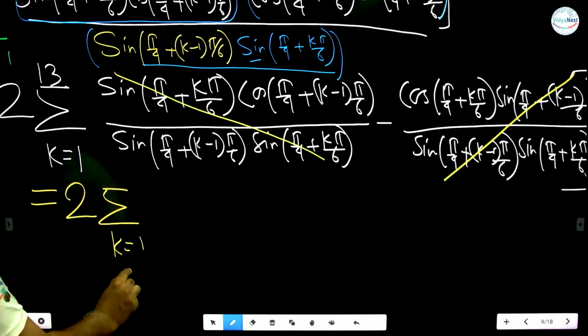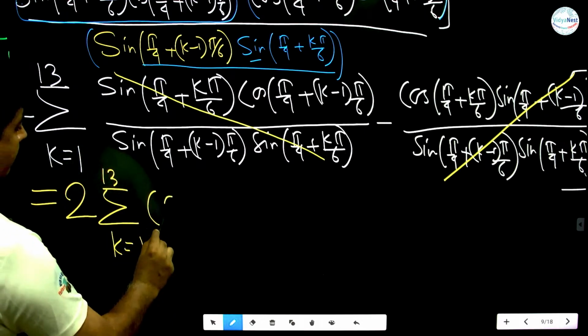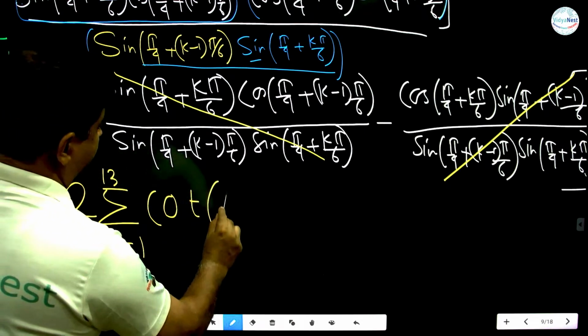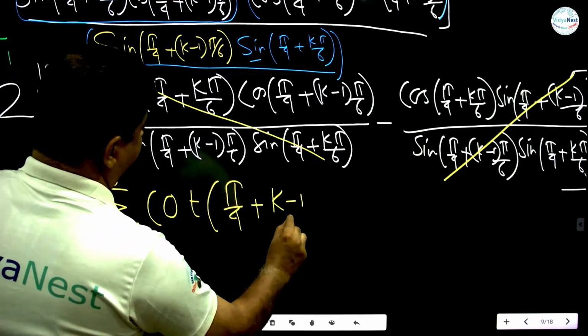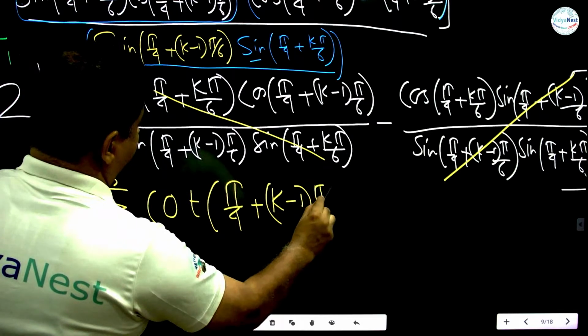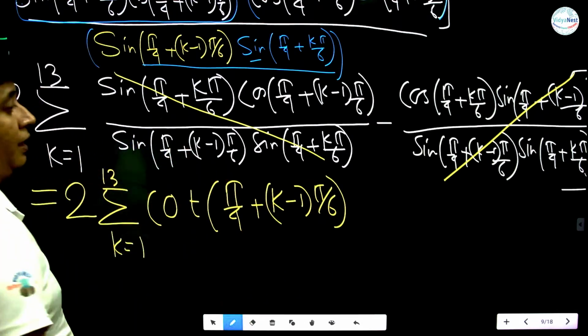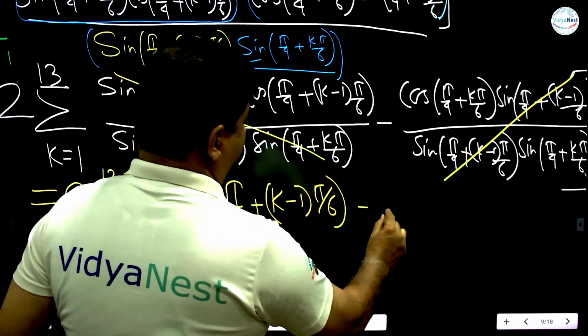K 1 to 13 cot, and here also cot. Understand?